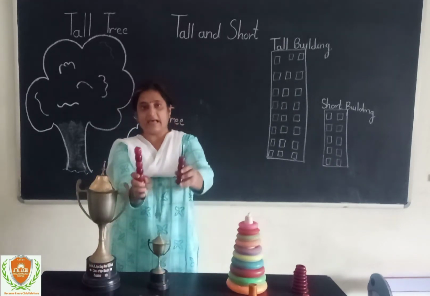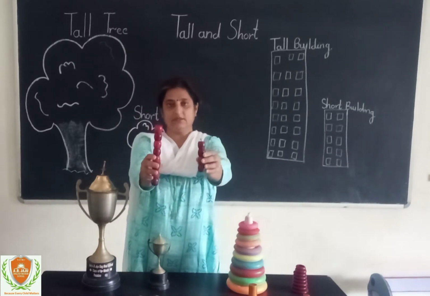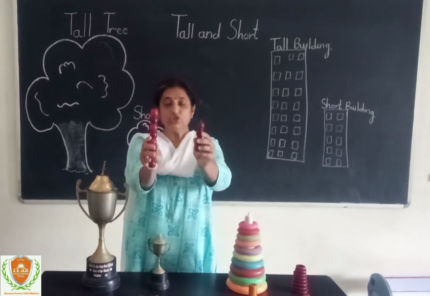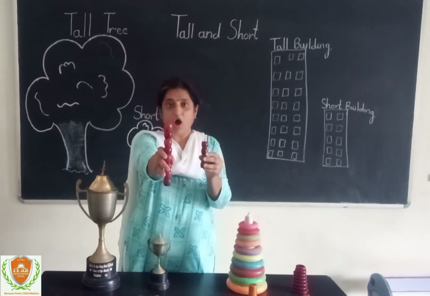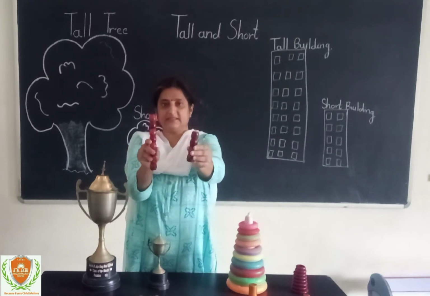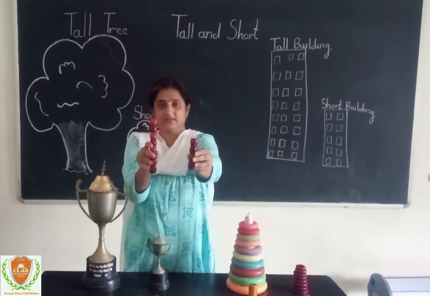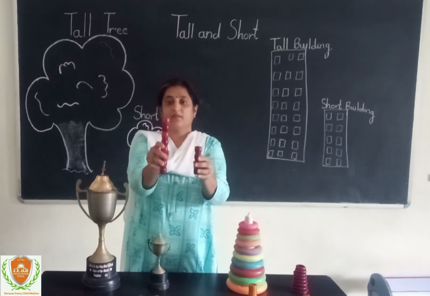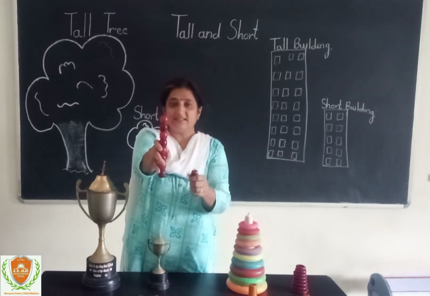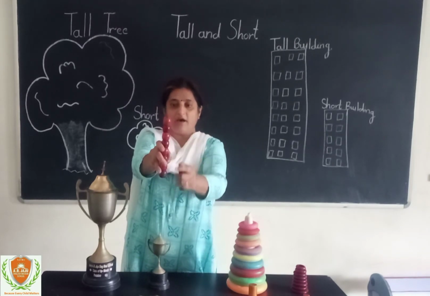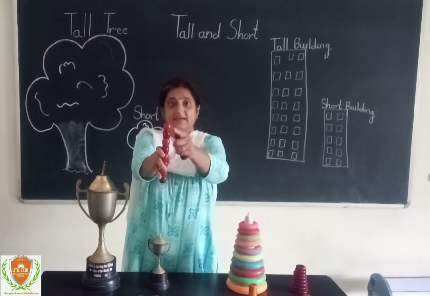Now these are two beads. Okay, how many beads? Two beads. This is a tall bead and this is a short bead. Okay, this bead is tall. Why is this tall? Because its height is greater.